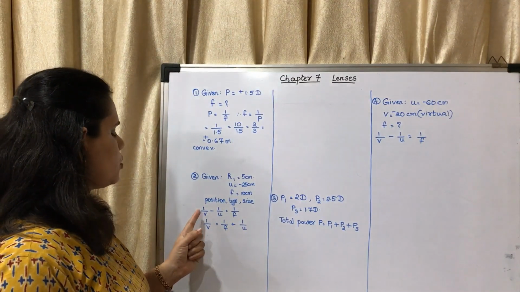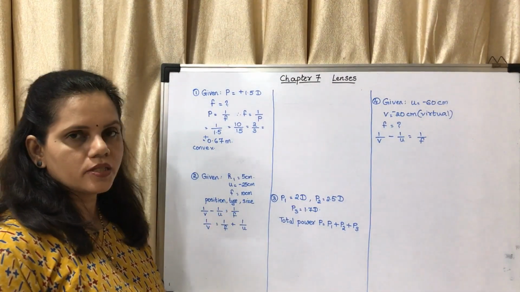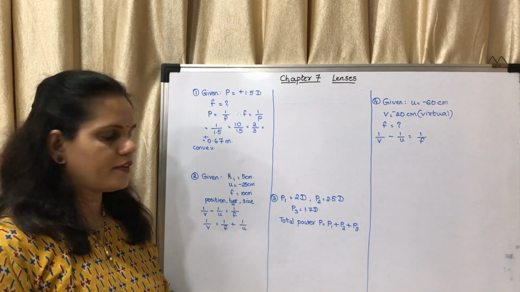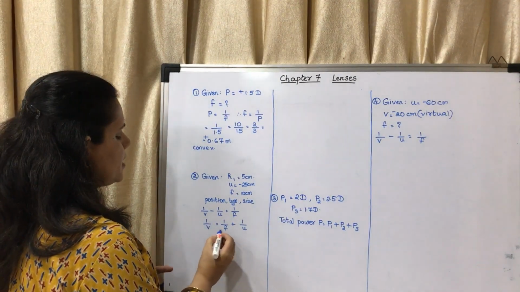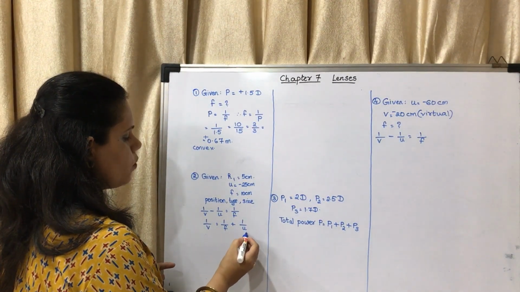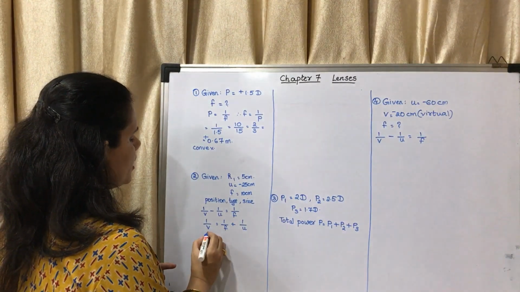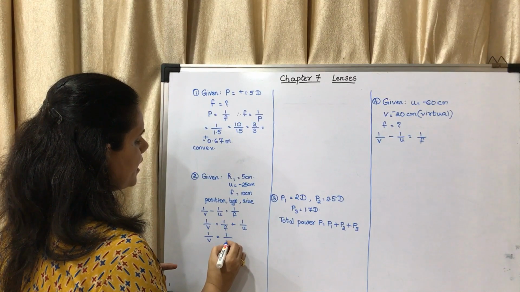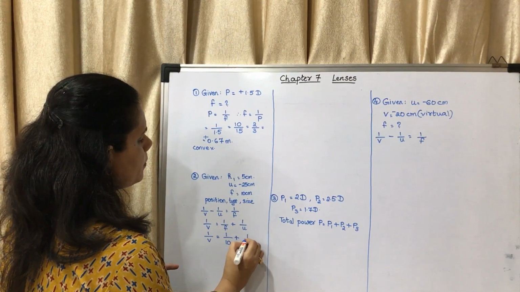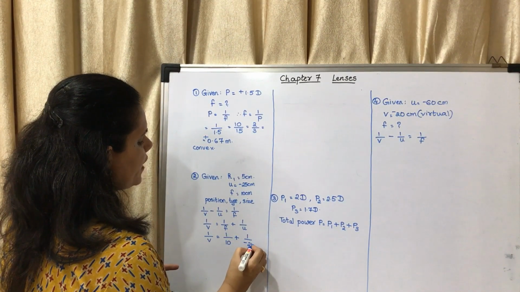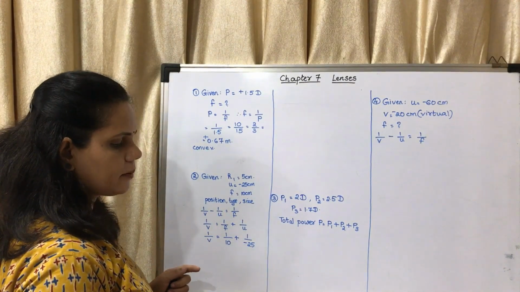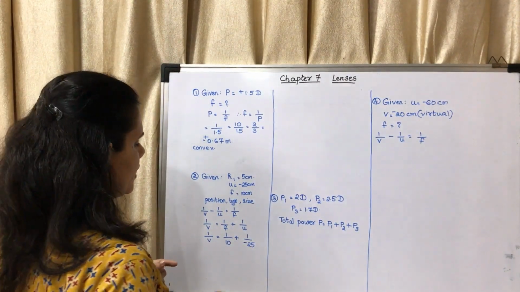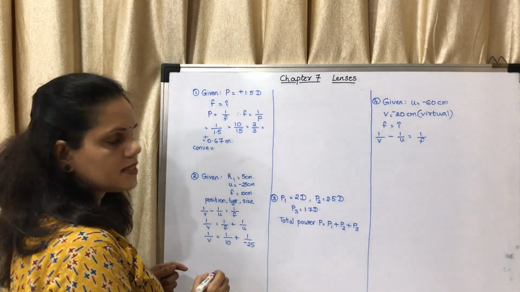So with the equation 1 upon v minus 1 upon u is equal to 1 upon f, we get 1 upon v is equal to 1 upon f plus 1 upon u. So 1 upon v is equal to 1 upon 10 plus 1 upon minus 25. Now here the LCM is 50.